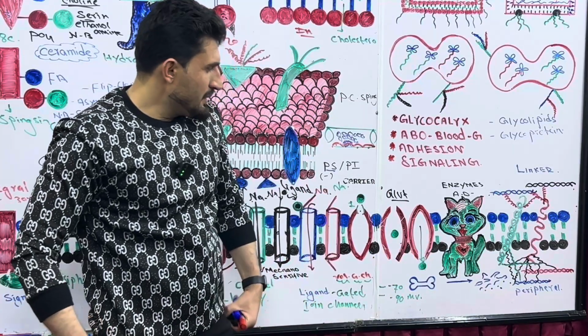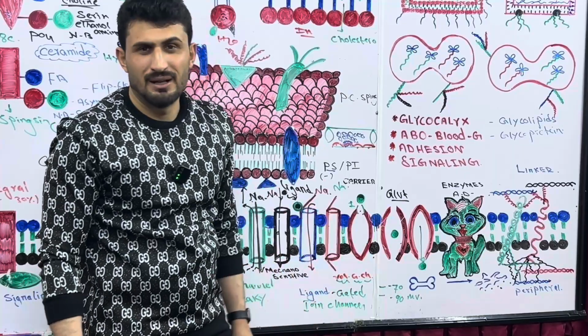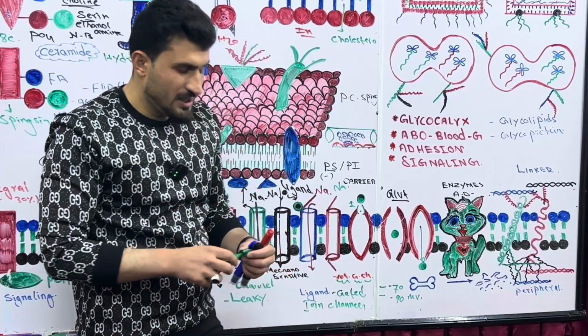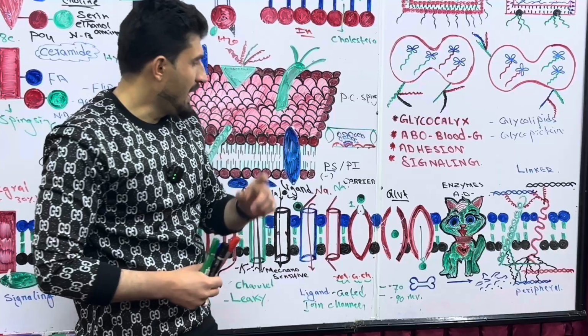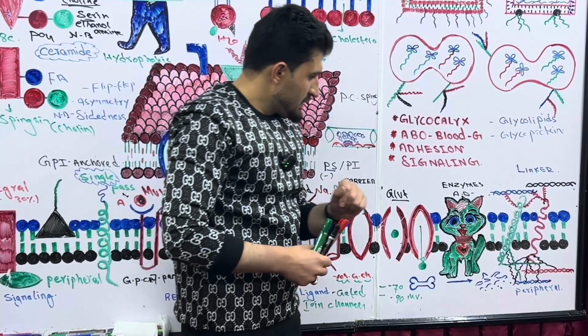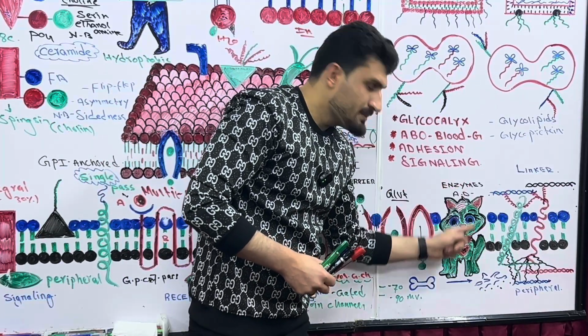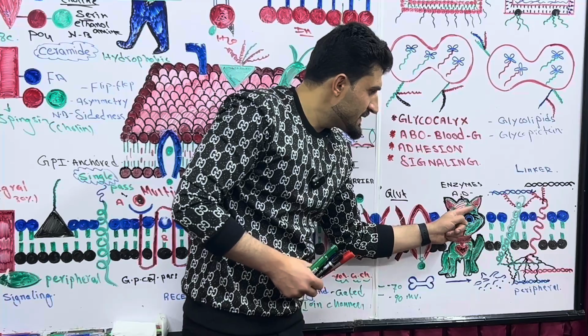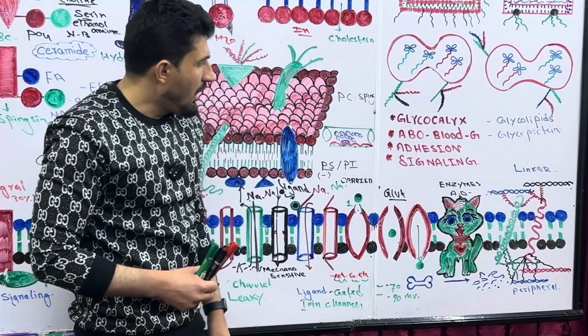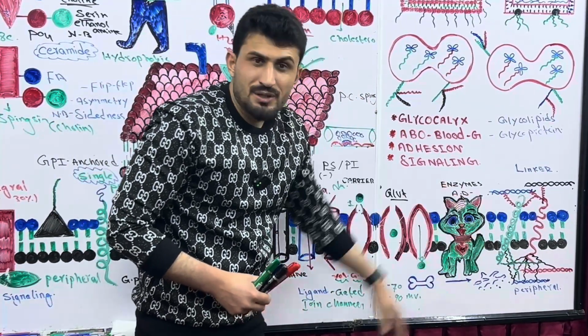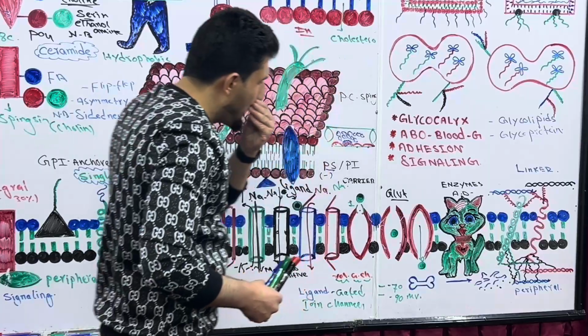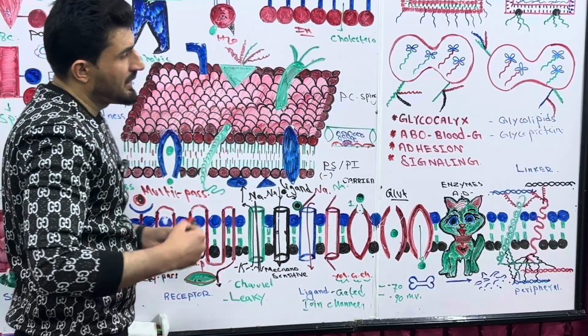We have many types of carrier proteins in our body that we will study in upcoming video lectures. The fourth transmembrane or integral proteins are called enzymes, because they act as an enzyme in our cell membrane.